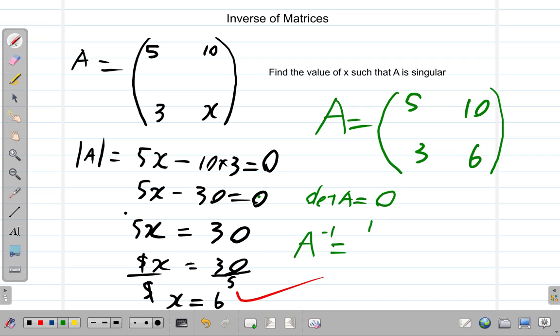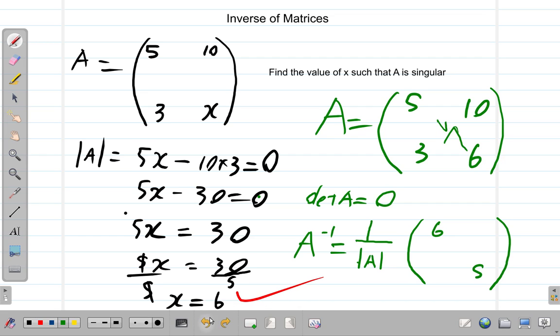So now, we're ready to find the inverse of A. Or you find the inverse of a matrix. It's 1 divided by the determinant, let's use the lines around A, times the adjoint. And the adjoint, you interchange the elements in the leading diagonals. 6 comes up here, 5 goes down here.